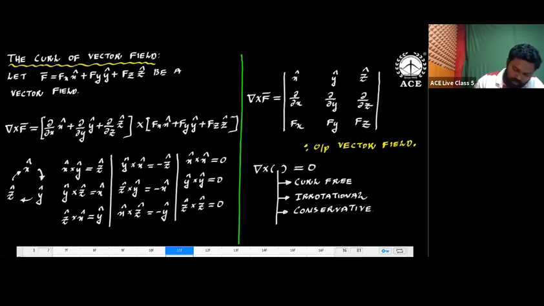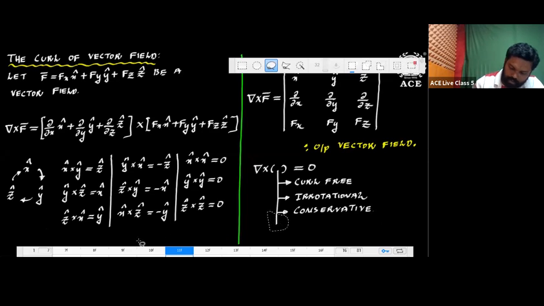What is that, conservative? You will get that later. What is curl free? That means there is no curl. What is irrotational? I am going to explain.